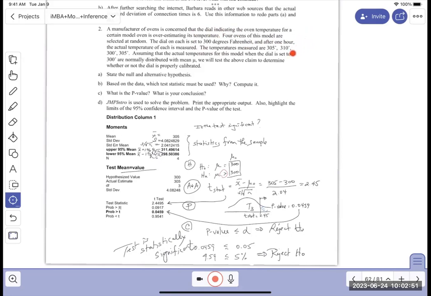So these are the results, 4 results from a sample. They're around 300, only one is exactly 300. So let's test if it's overestimating the temperature. We're testing the calibration of the dial.